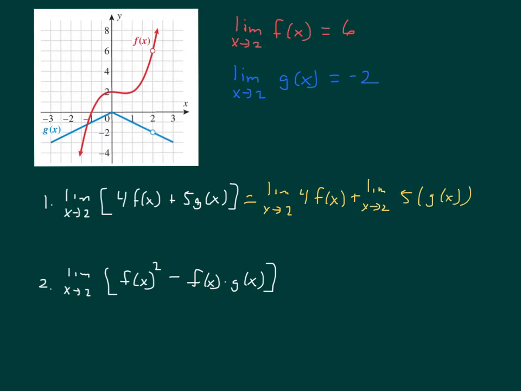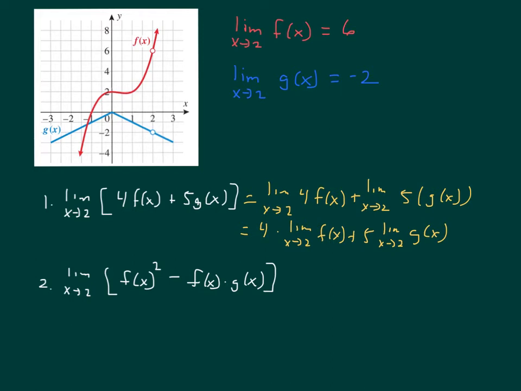And that, by the constant multiple rule, is going to equal 4 times the limit as x approaches 2 of f of x plus 5 times the limit as x approaches 2 of g of x. Now using those properties, I know the limit as x approaches 2 of f of x is 6, and the limit as x approaches 2 of g of x happens to be -2.